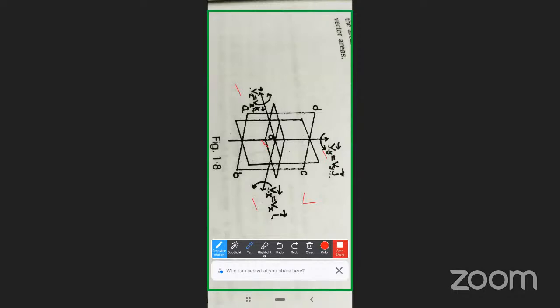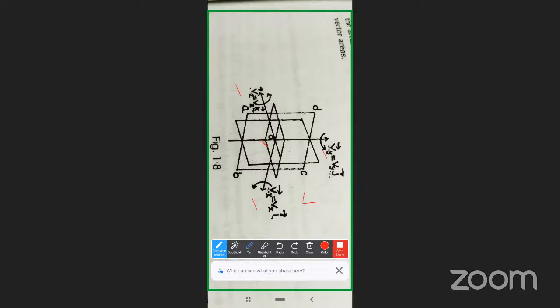The normals of these areas will be respectively in the positive x, y, and z directions. This figure indicates the positive sense of the boundaries of these areas, applying the right hand screw rule of vector area.